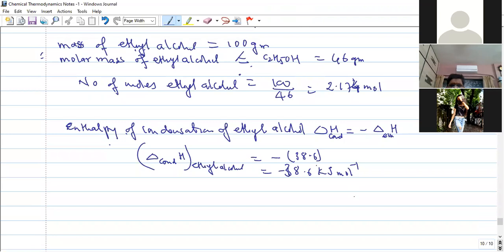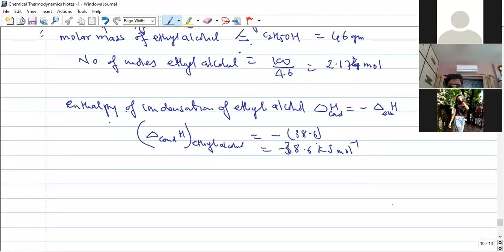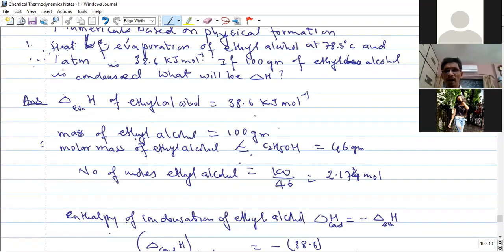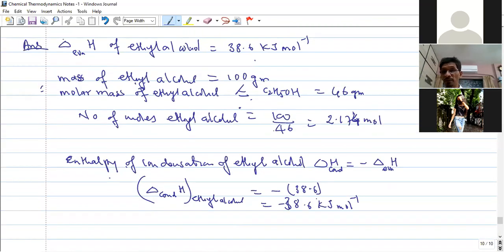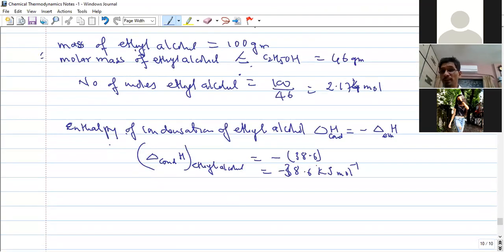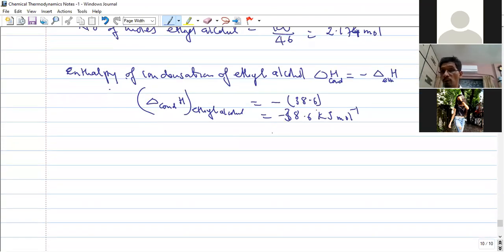Now what do we need? Heat of what you wanted. What is the enthalpy change when 100 gram of ethyl alcohol condenses? 100 gram of ethyl alcohol means 2.174 mole.